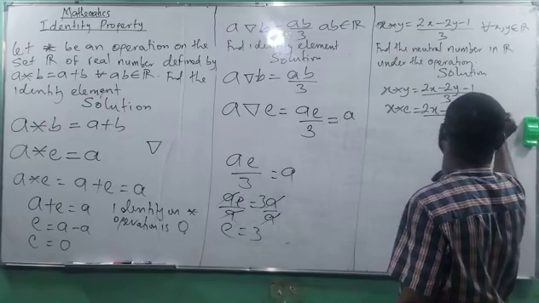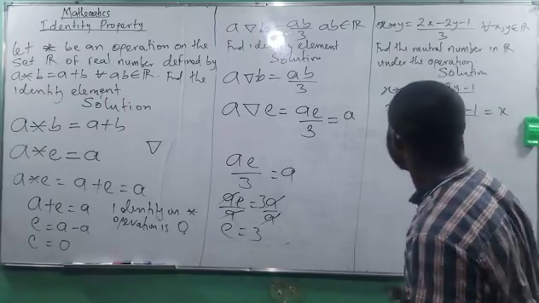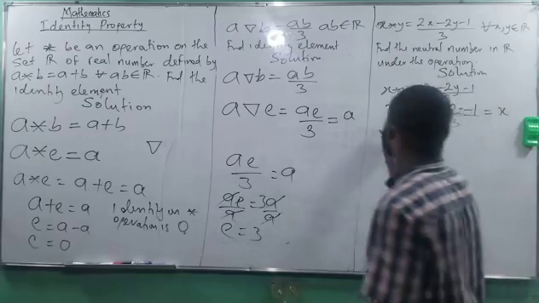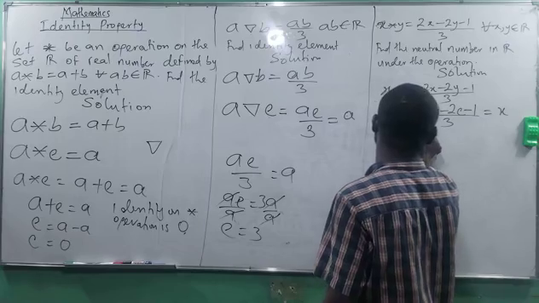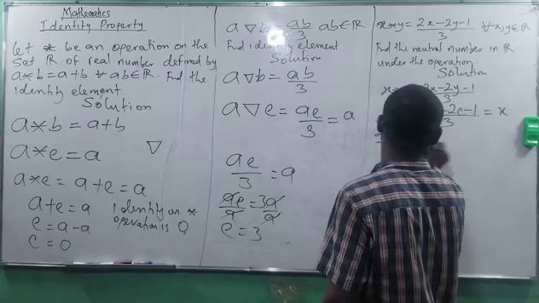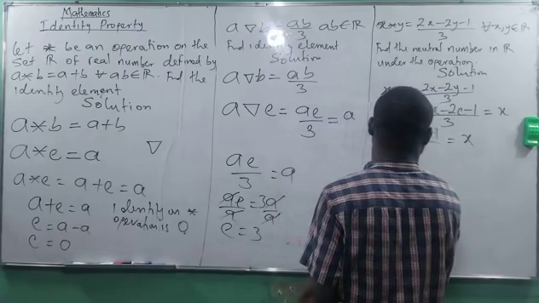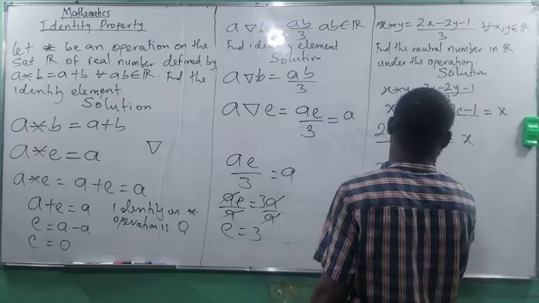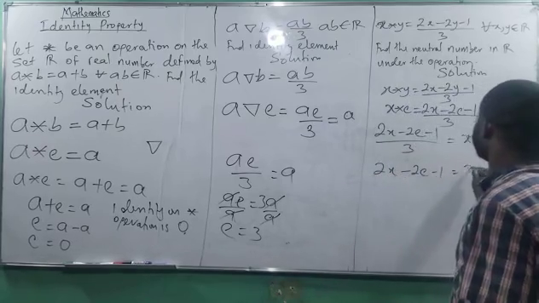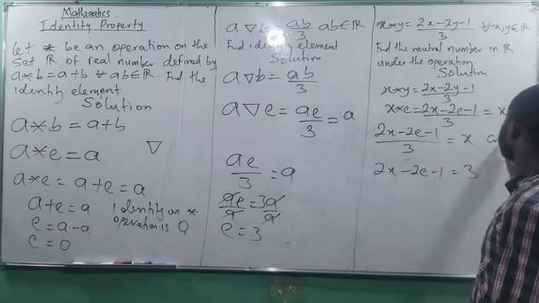It will be equal to X. Now, I can say that 2X minus 2E minus 1 divided by 3 equals X. Now, I can say that 2X minus 2E minus 1 equals 3X. I cross multiply.